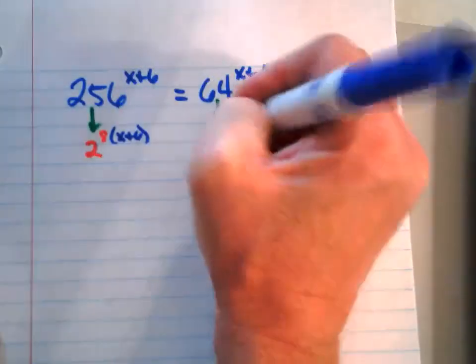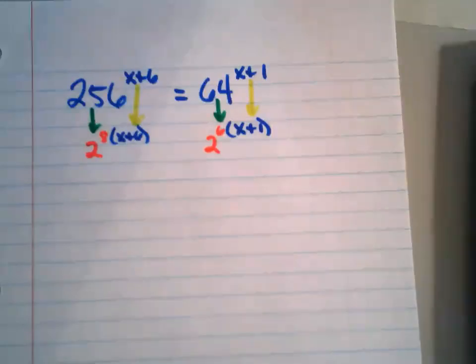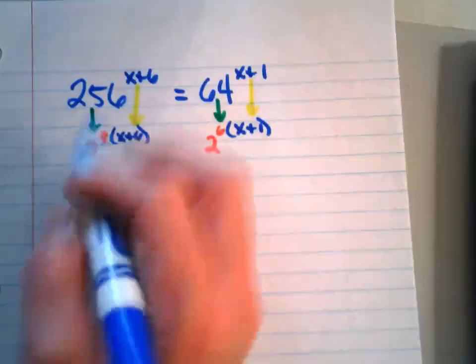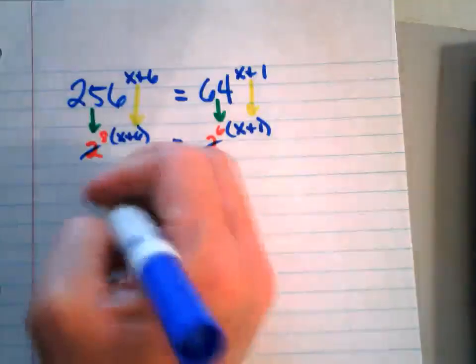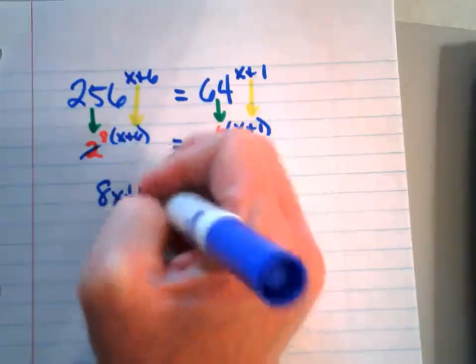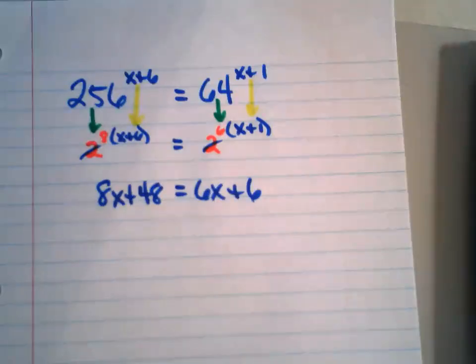Now you get to bring back in the previous existing exponents. So those just fell down with the problem right here and right there. Once you have these in like bases, the 2's go away. You don't need these 2's anymore. And you can distribute and solve the problem. 8x plus 48 equals 6x plus 6.